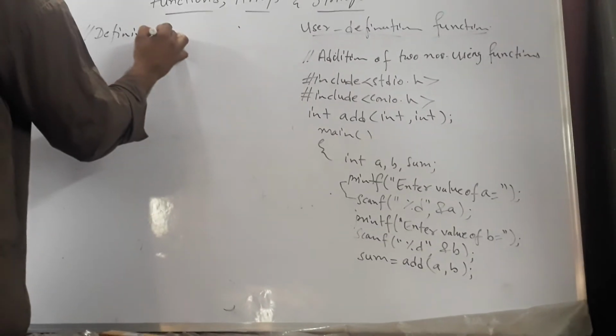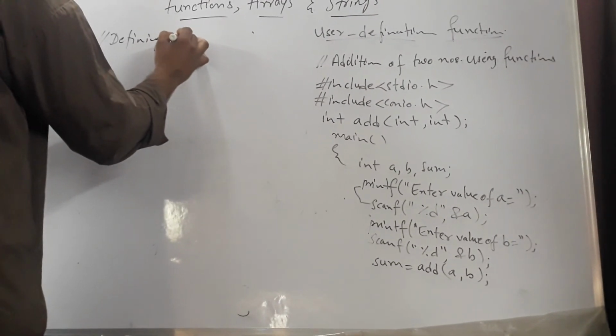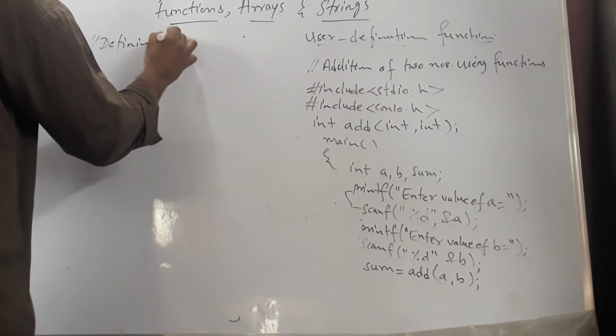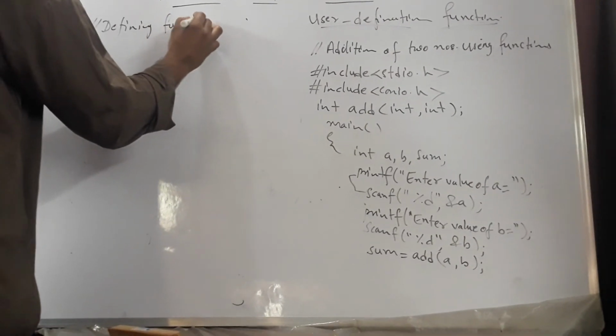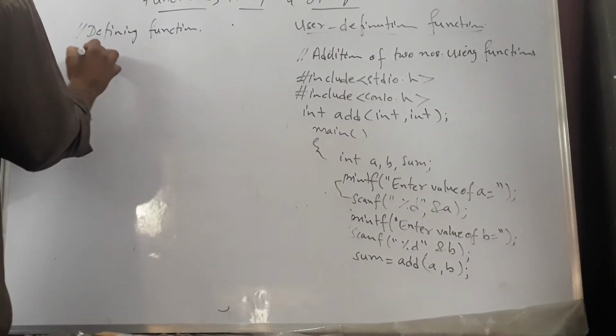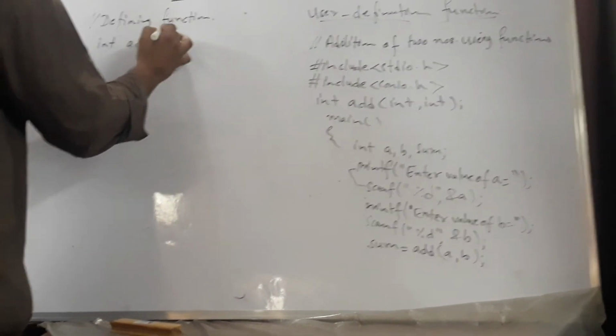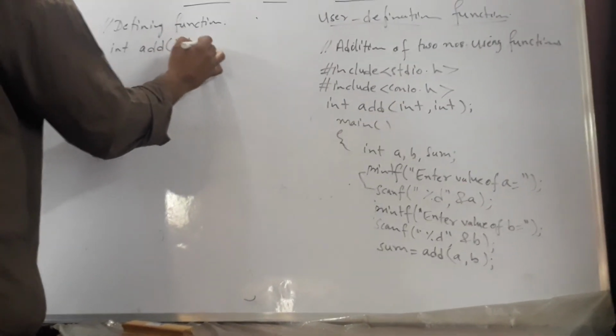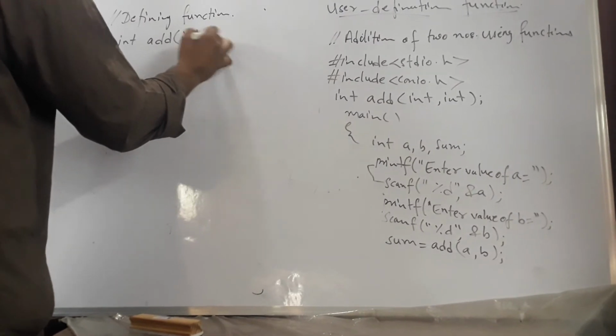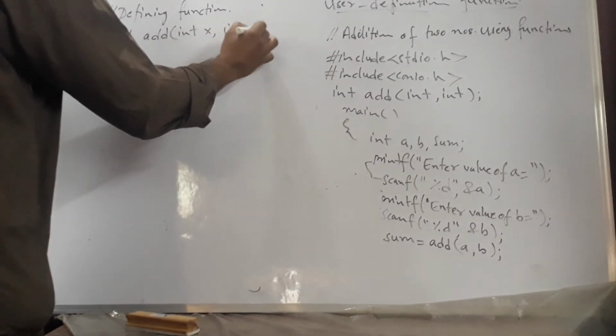Now we'll write here defining a function. So we'll write int add, and take some parameters by the name int x, int y.